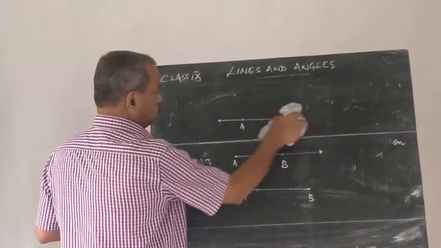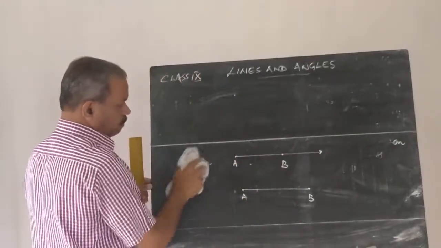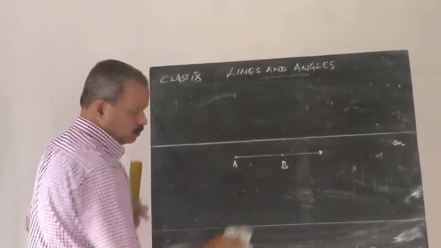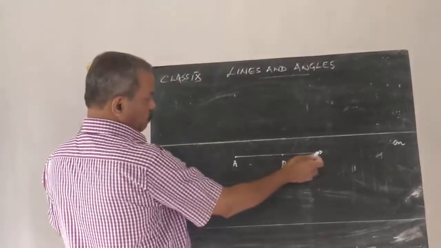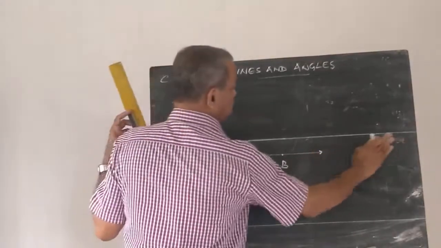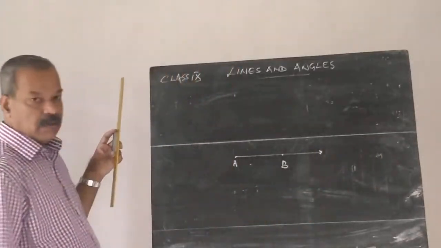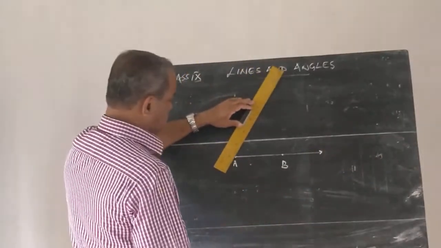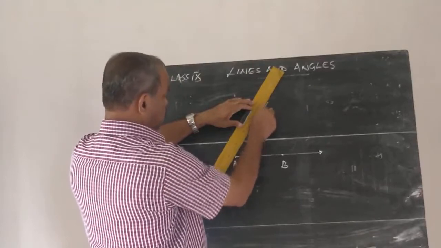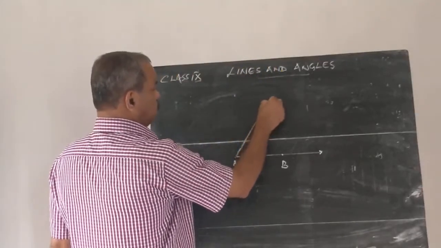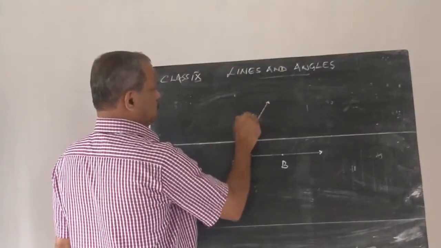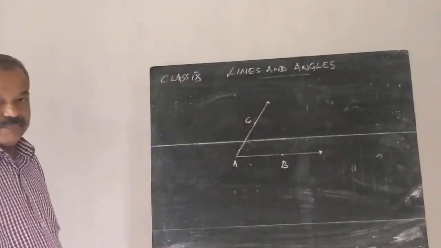This way. Ray AB. What is the endpoint of this ray AB? A. We can draw another ray with the same endpoint A like this, and call this ray AC.